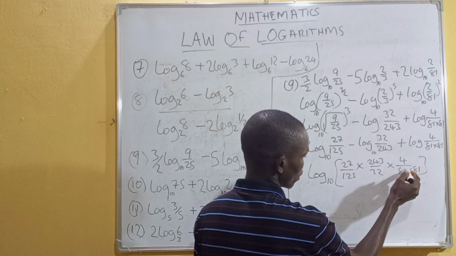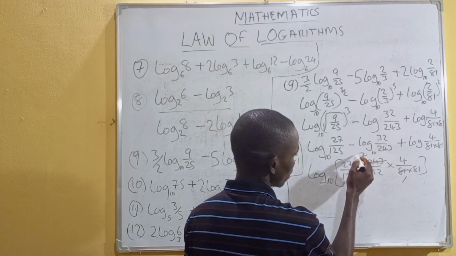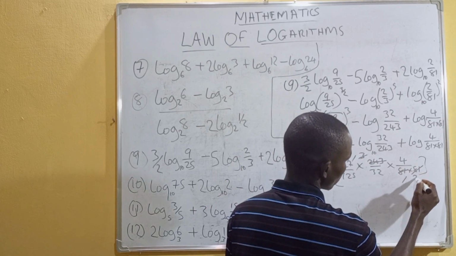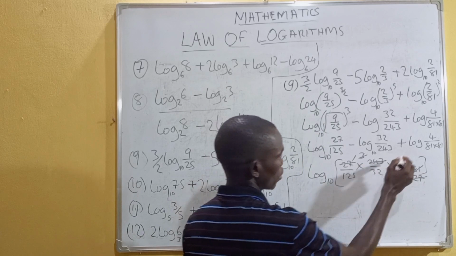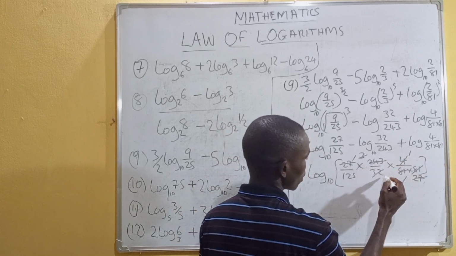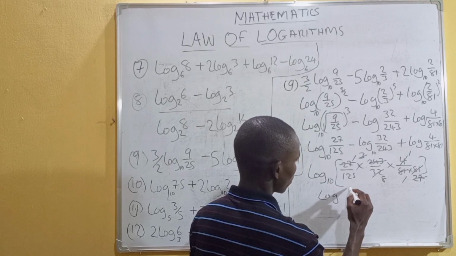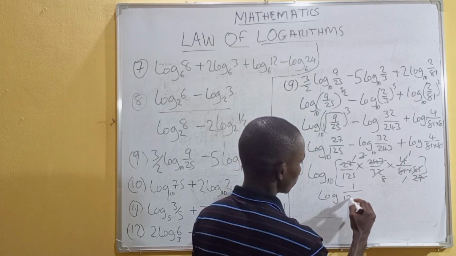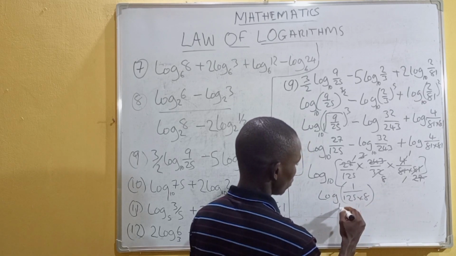So 81 here we have 1, 81 divided here we have 3. 3 here we have 1, 3 divided this we have 27. 27 cancels 27. 4 here we have 1, 4 into here we have 8. So this will now be log 1 over 125 times 8 base 10.